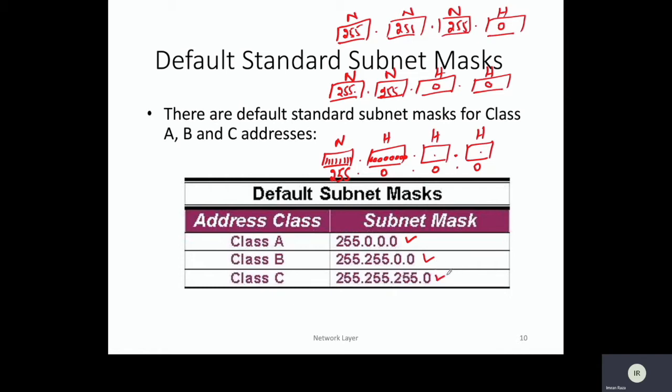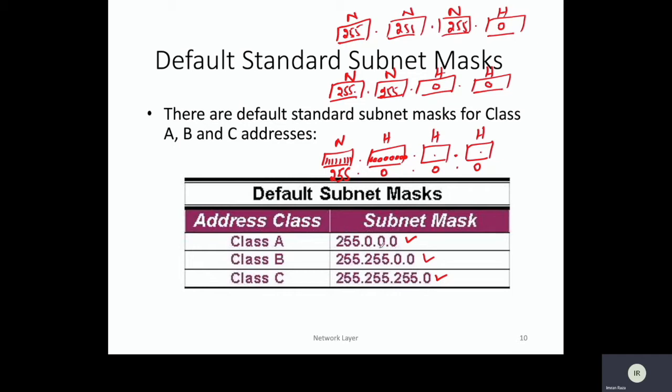255.255.255.0. So these are the default subnet masks when we are not borrowing any bits from the host portion, right? If I will be borrowing some bits from the host portion, obviously there will be a change in the default subnet mask. But at the moment, these are the default subnet masks, easy to calculate.